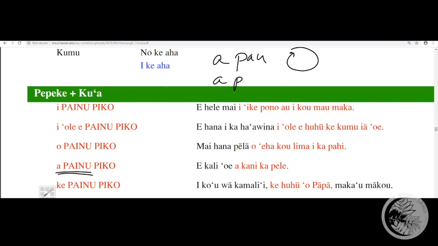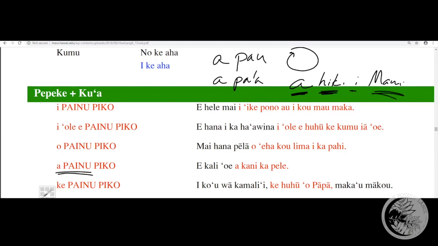A pa, until firm, until pa. Hana a pa. Do it until it's pa. Ahiki. For example, like ahiki Maui. Until, again, the word means until, as far as, all the way, reach to Maui.